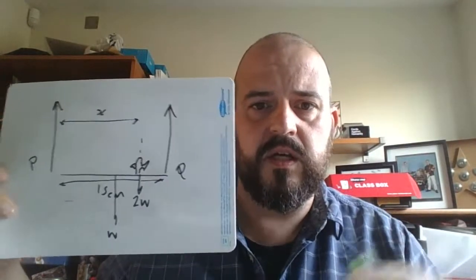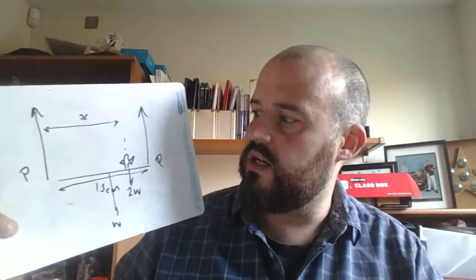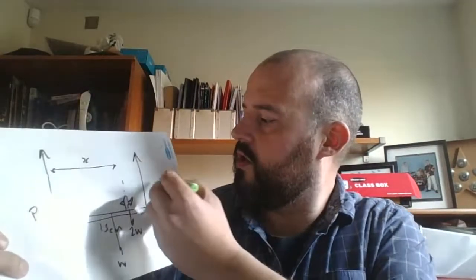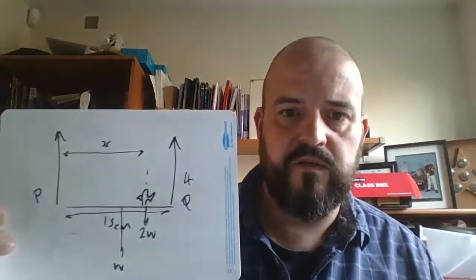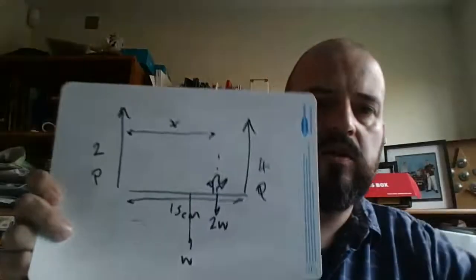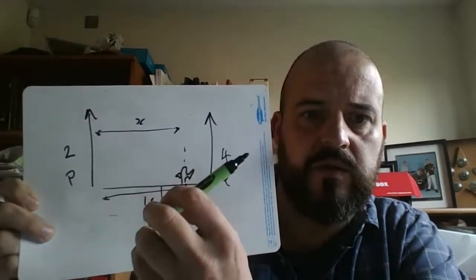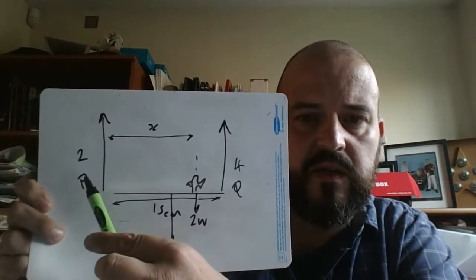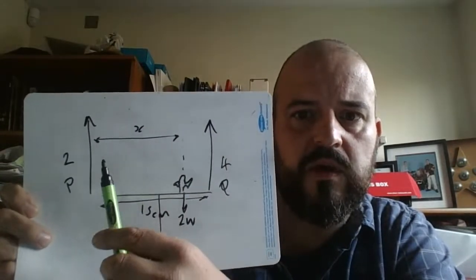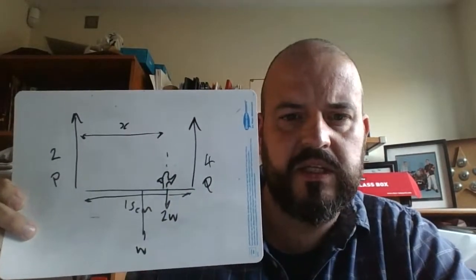Okay, so what I'll probably do here is assign Q as having a tension of 4, and P 2. You could have chosen any numbers. I've just chosen easy ones because we're told that this is twice the tension of this. So 4 and 2. That means I've got 6 going up in total.